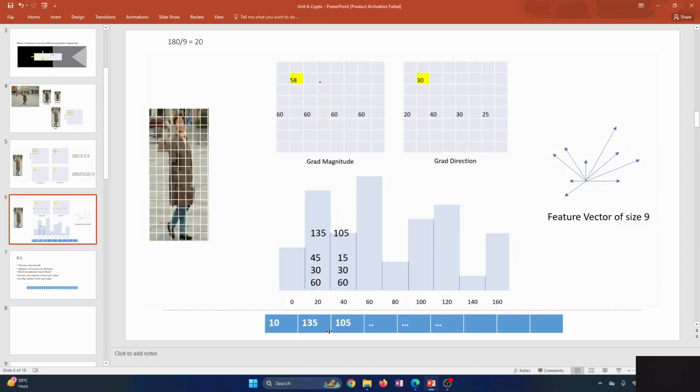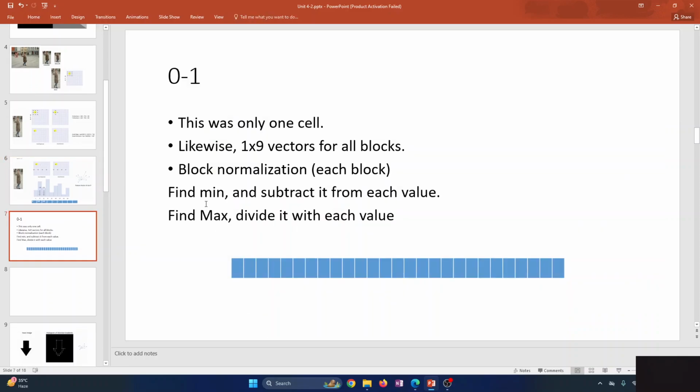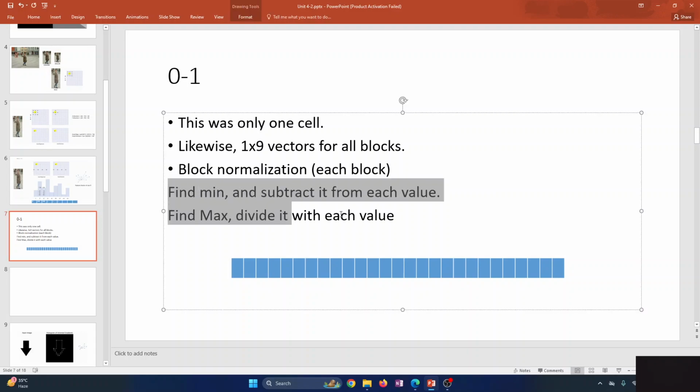For example, the maximum value over here is 135, so each value, 105, 0, and likewise, will be divided by 135. When you follow these two steps for each block, the output will be the block in a normalized form. I hope this is clear to you.